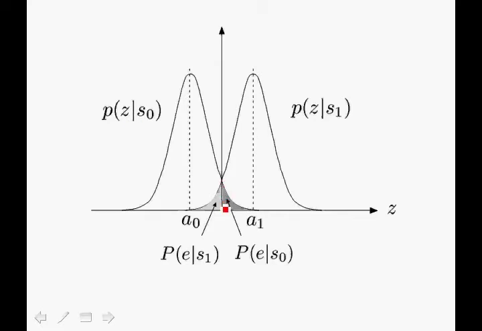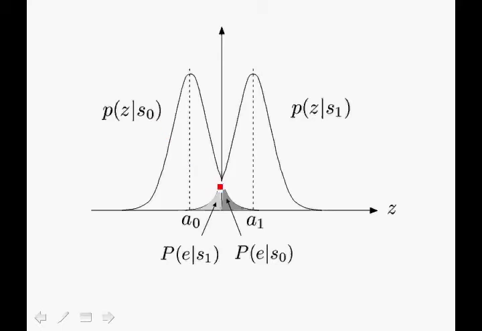And this area shown over here is the probability that we sent S0, but we make the decision that S1 was sent. The probability is equal to the area underneath the tail of the normal distribution as shown over here. Likewise, the shaded area here is the probability of an error given that we have transmitted S1, but since the value becomes negative, we decode it as S0, and therefore we make an error.